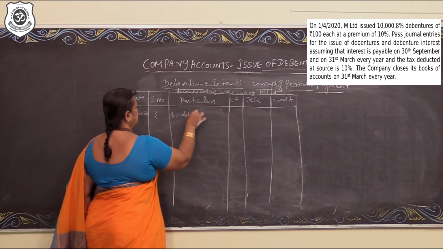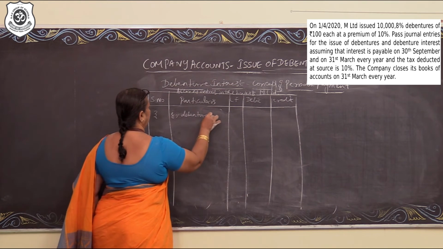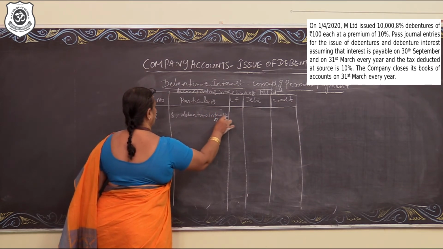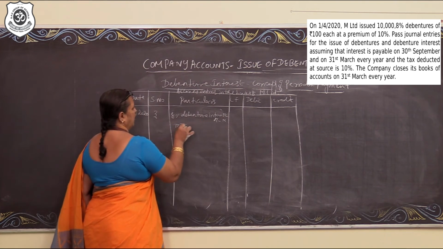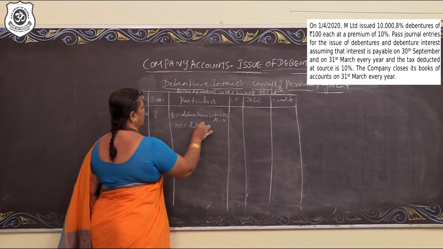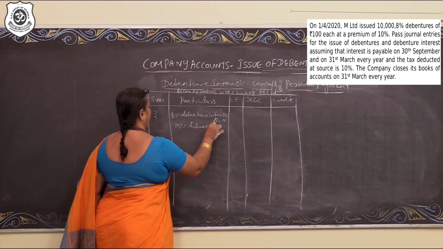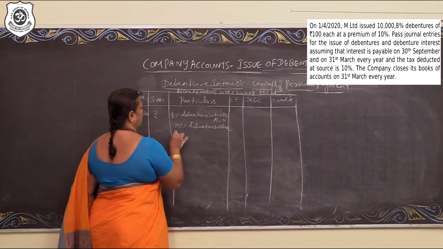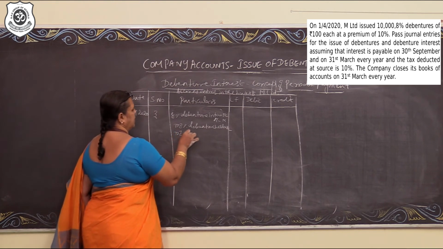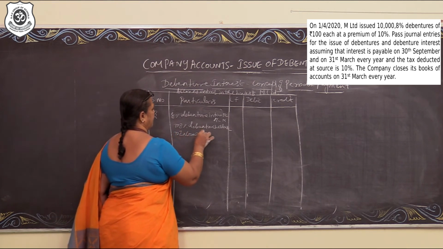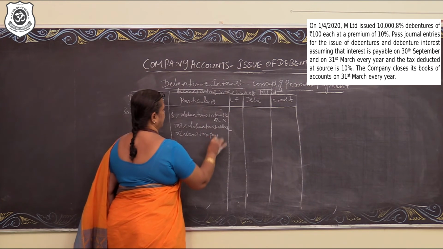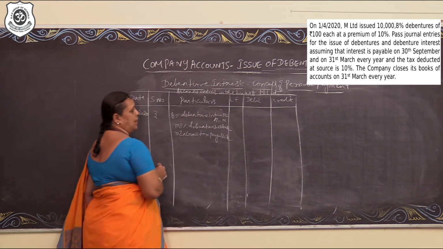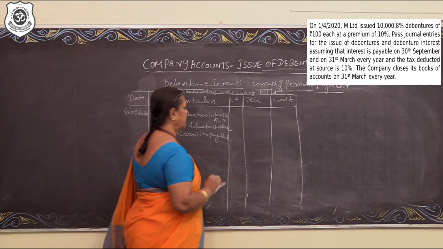So 8% debenture interest account debit to 8% debenture holders account, to income tax payable account. Now do it as a working note.